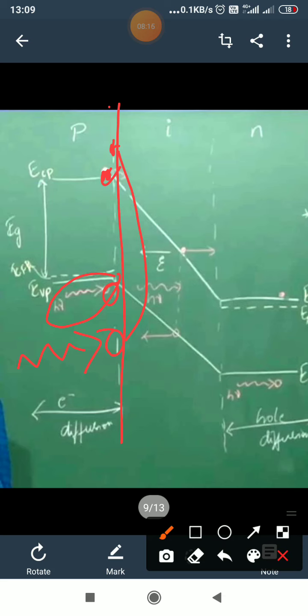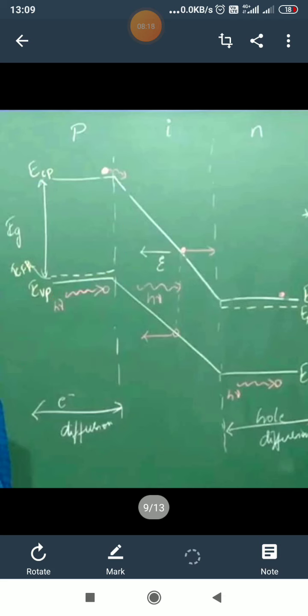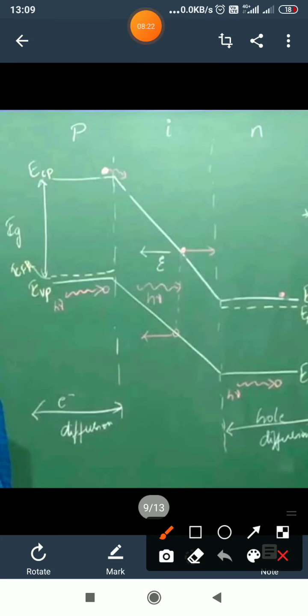So when the electron hole pair is generated, what happens to the electron present in the conduction band of the P region? It will move around in the P region, and when it comes to this particular junction, the diffusion of electrons will take place.